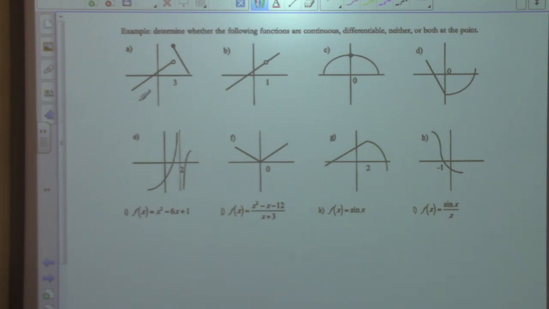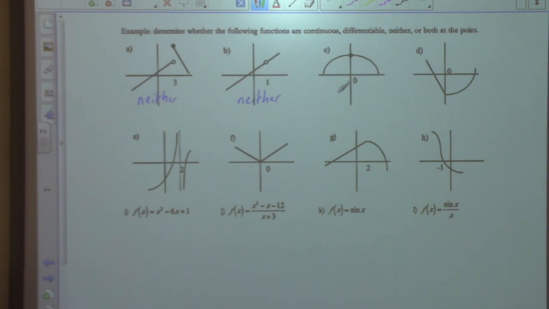So what do you get for A? Neither. For B, what do you get? Neither. So for it to be differentiable, it has to have continuity? Yes. This does have a limit, but it's not continuous, therefore not differentiable.